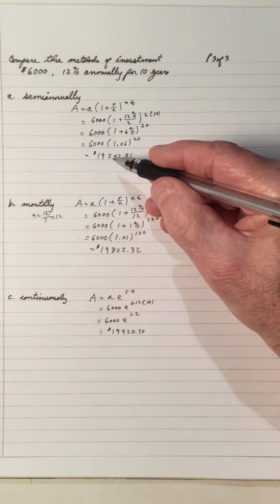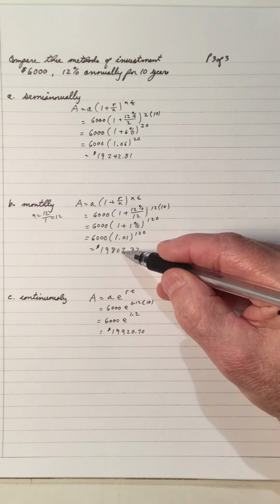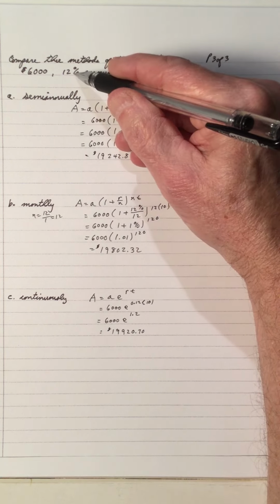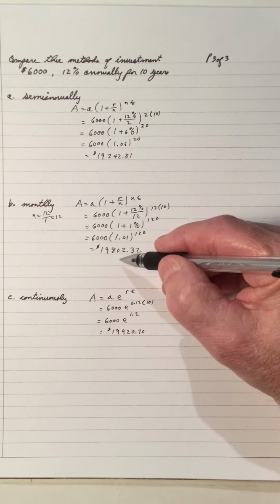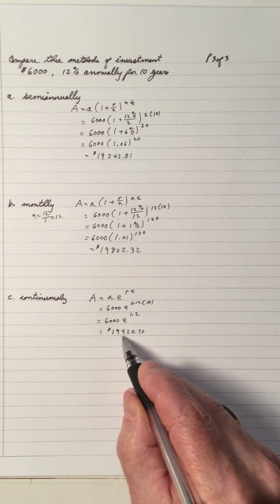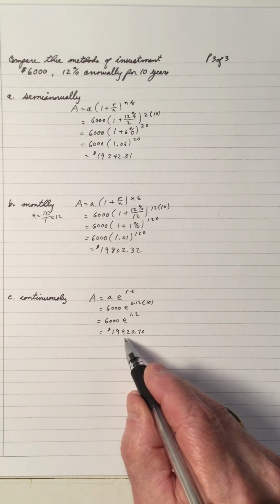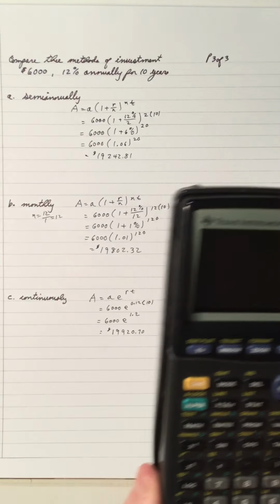And see here, as you do monthly, it's more times, so you get more interest. It's on the same 12%, same period of time, same amount of money, but the more often you compound it, the more you make. So the most you could make is $19,920.70.